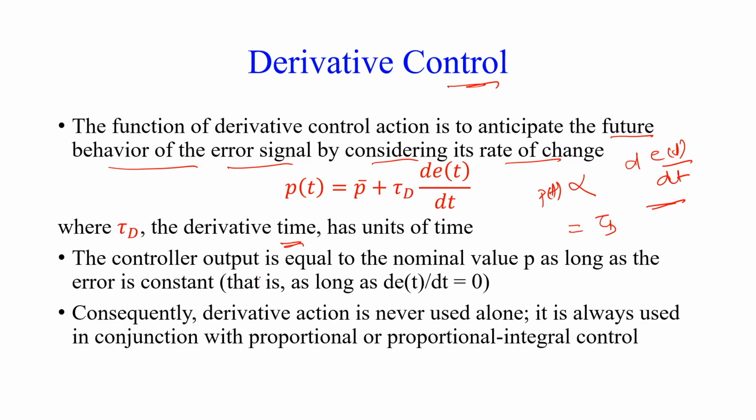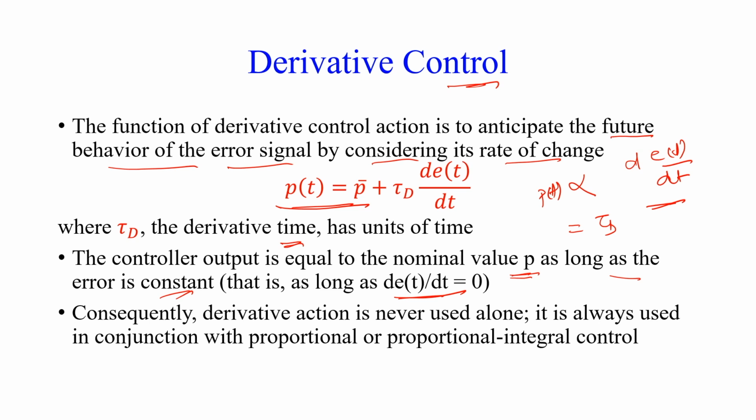So, it says the controller output equals the nominal value p as long as the error is constant. What does it mean? It means if de upon dt is 0, this p(t) will be equal to p bar.